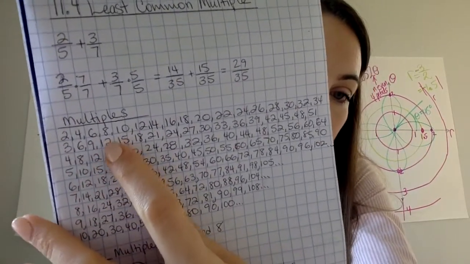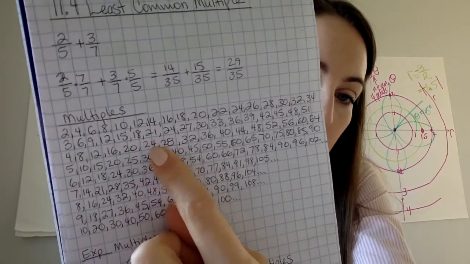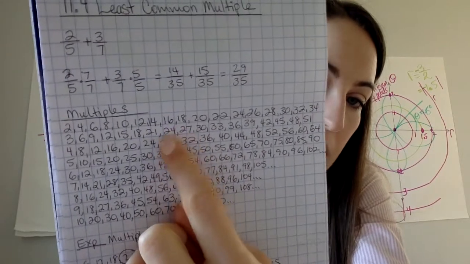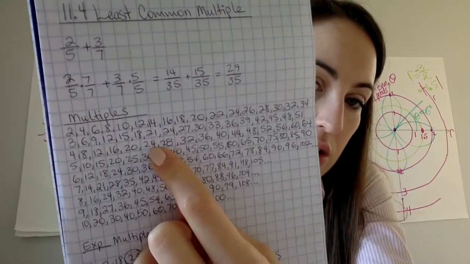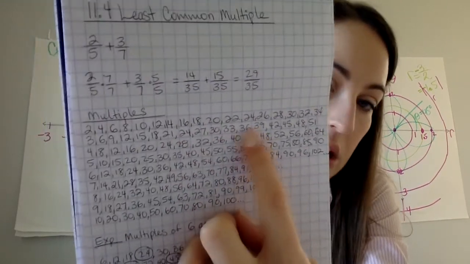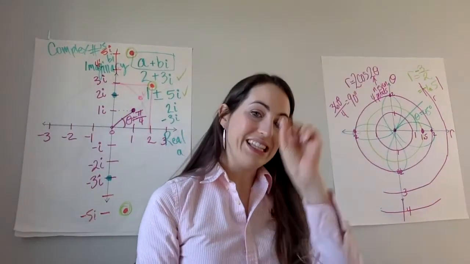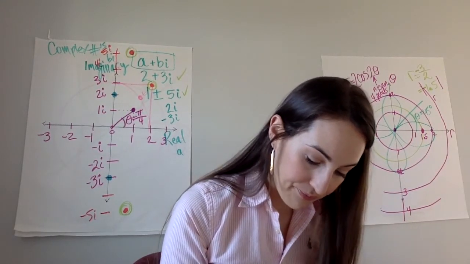Oh, they both have a 12 right there. Further down, they both have a 24 in common, but we want the one that occurs first. They even have 36 in common there. So we want the one that occurs first, so 12 would be the least common denominator of all the common denominators they have.